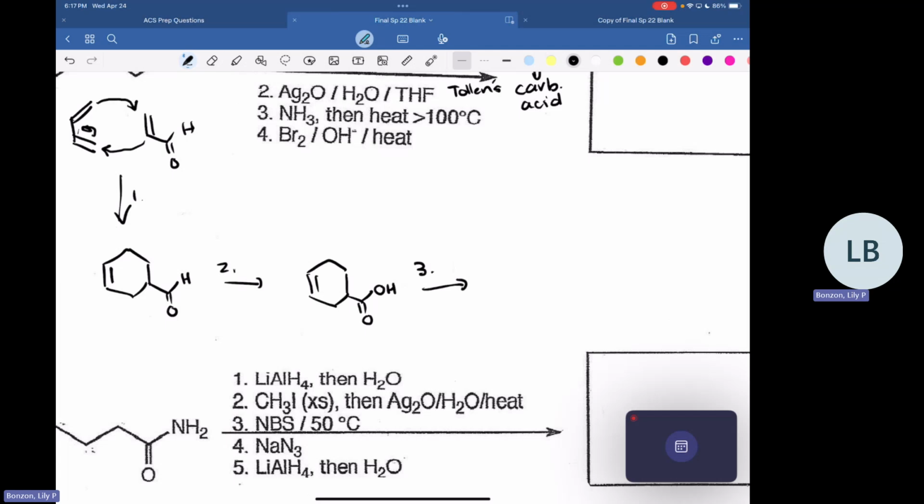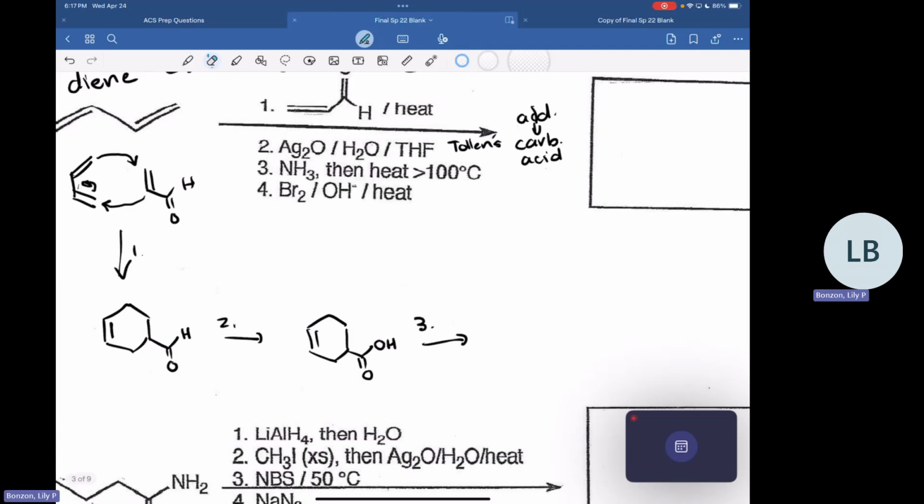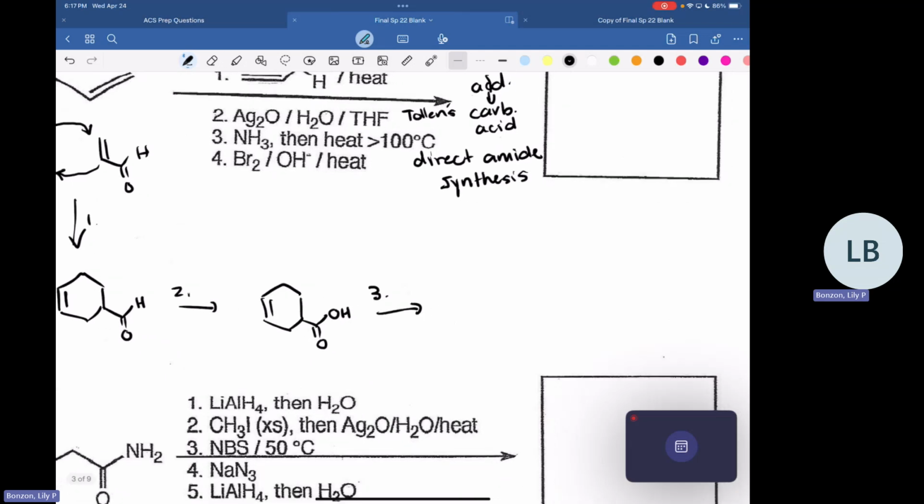And step 3 looks a little bit weird, but this one is going to be the direct amide synthesis. Usually for amide synthesis, we use an acyl chloride because they're more reactive. But under these conditions, we can form the amide with a carboxylic acid. And so we just have ammonia, so we're just going to add an NH2 group and form our amide.